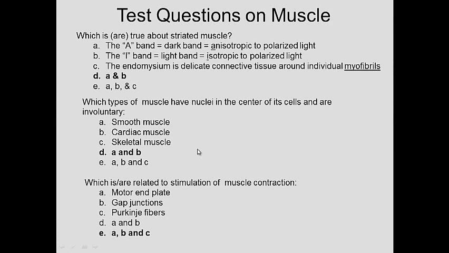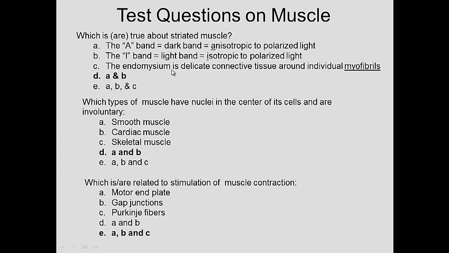So a couple of questions that we had: which are true about striated muscle? The A band, dark band, is anisotropic to polarized light. True. The I band, light band, is isotropic to polarized light. It does not alter polarized light, and hence its name, I and A. True.